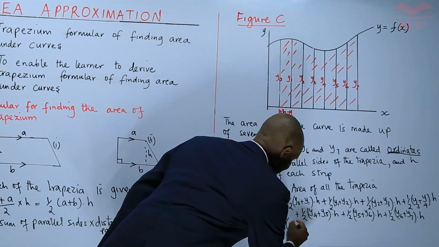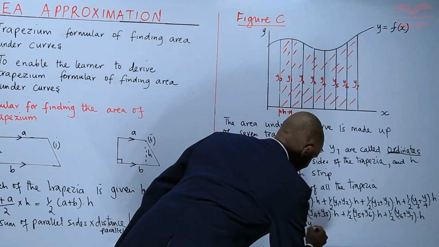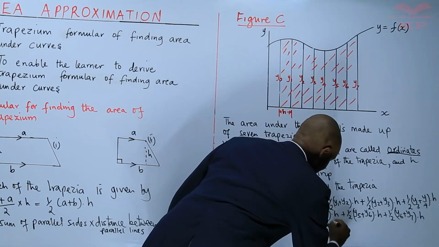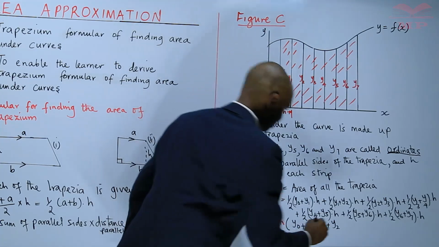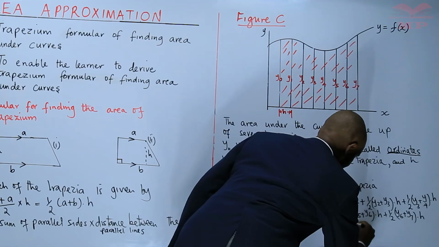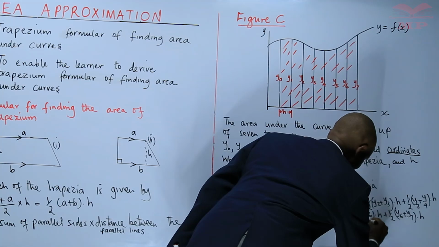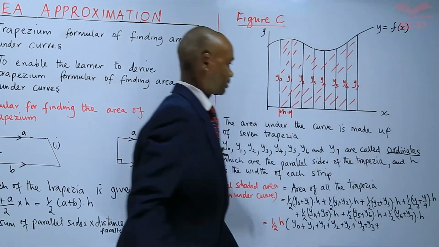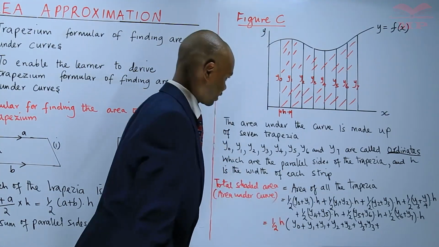We have y0 plus y1, plus y1 plus y2, plus y2 plus y3, plus y3 plus y4, isn't it? Y4 there plus another y4 here. This has already been factorized.